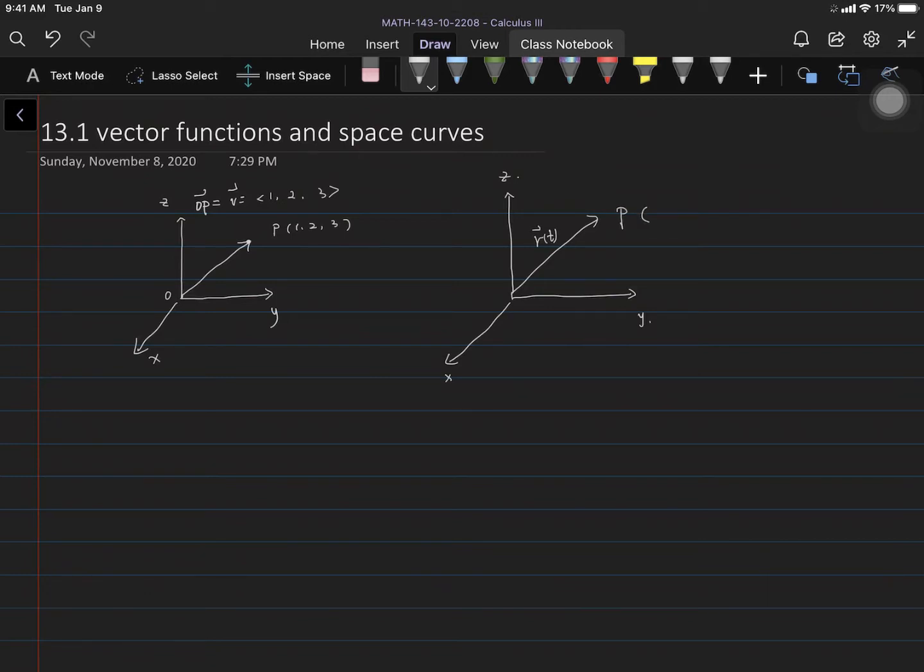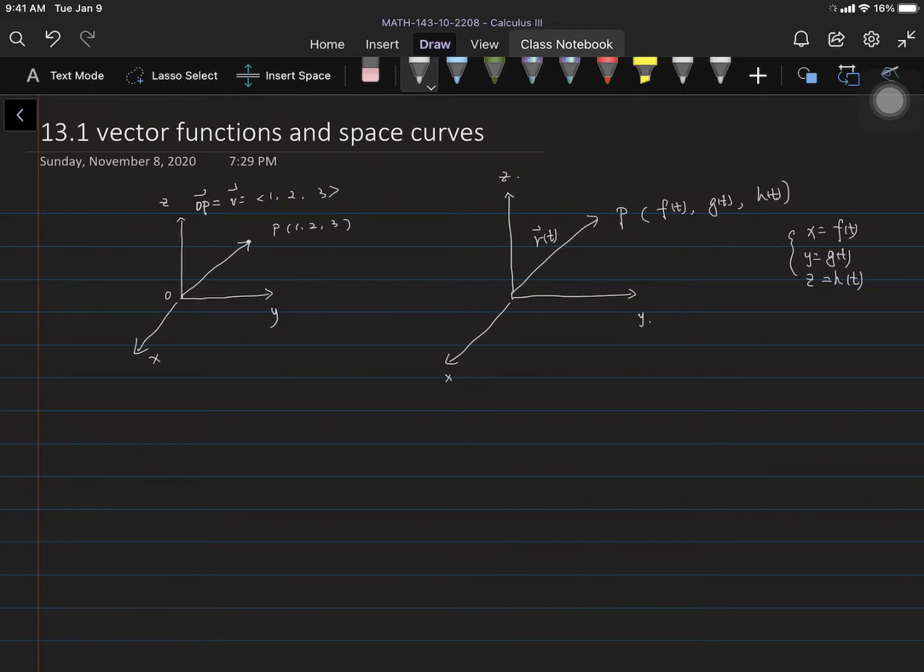It's going to be f(t), g(t), h(t). So it's like the point is a variable of t. x, y, z can be changed when t changes. So it's like x equals f(t), y equals g(t), z equals h(t).